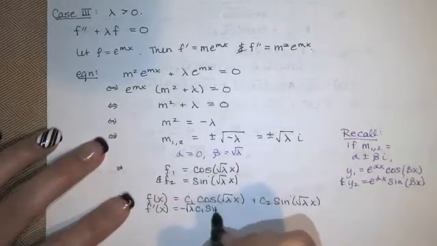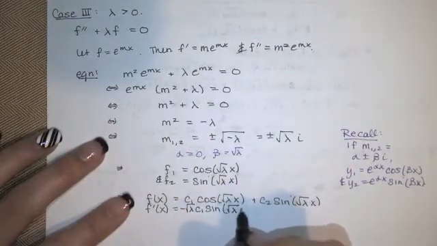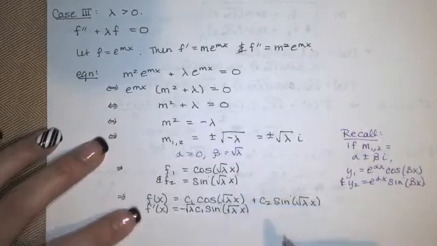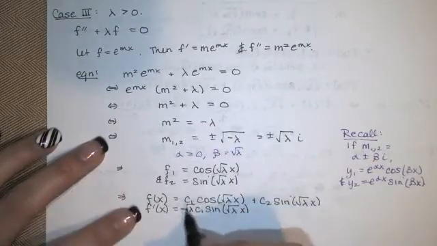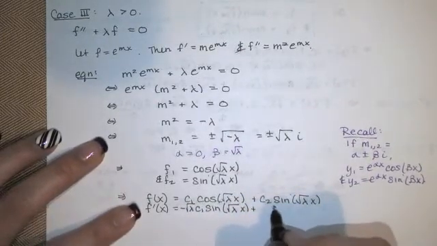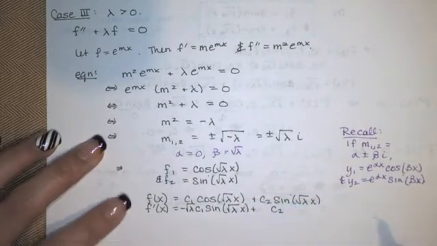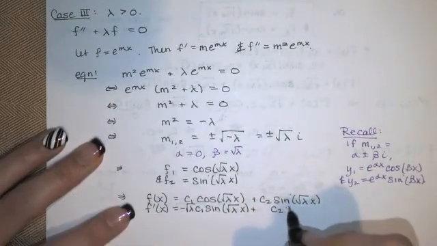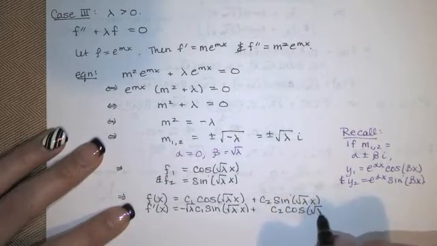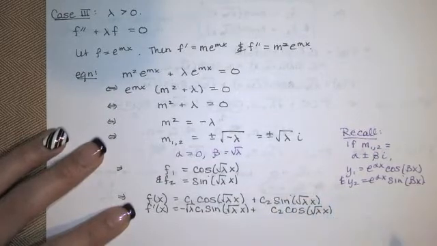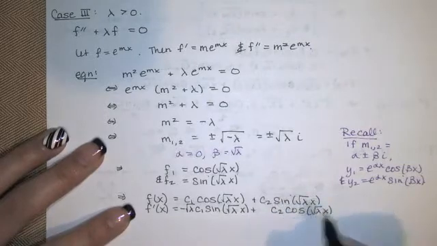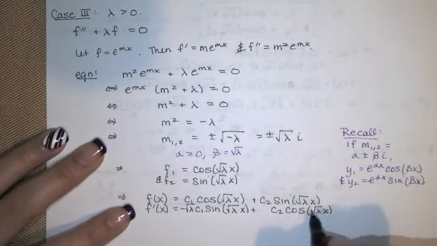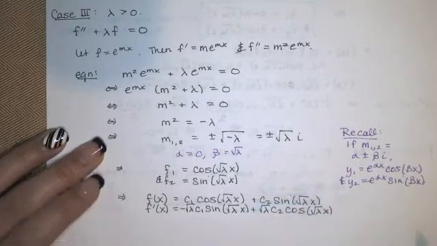So we're going to have negative sine of square root of lambda times x times the derivative of the inside, which is that square root of lambda. Over here, we'll add C2 times the derivative of sine, which is cosine. Got a constant times x inside. The derivative of sine of a constant times x is cosine of that constant times x, and then we multiply by that constant by the chain rule.